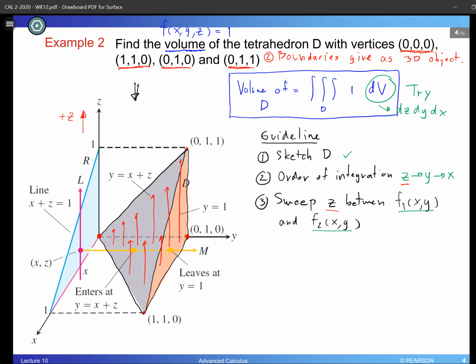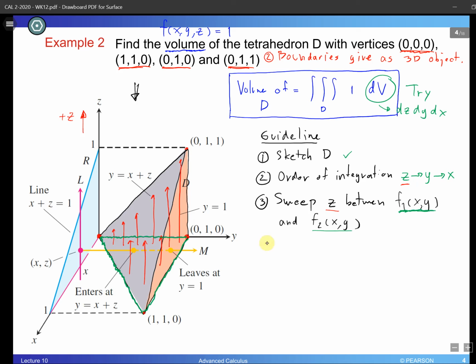So we are going to try to find this first surface right here, f1 of xy, which is the start of the sweeping pattern. And it's going to be this right here at the base. Okay, the starting of the z variable. And as you can see here, it's on the xy plane. And if you want to find the expression for this, it's quite easy.